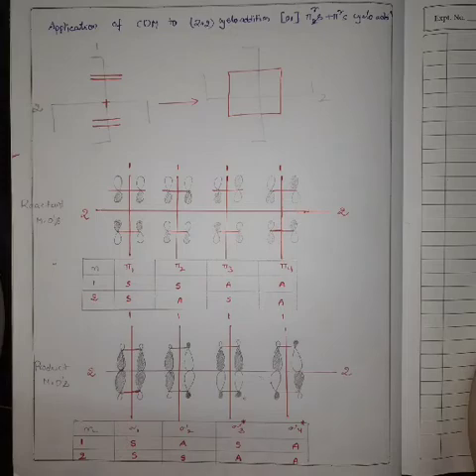So these are the symmetry elements present in the pi orbitals of reactants and sigma orbitals of products.